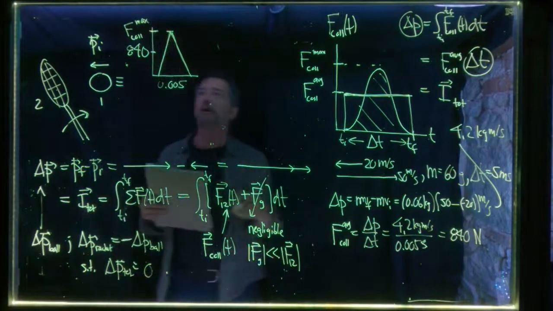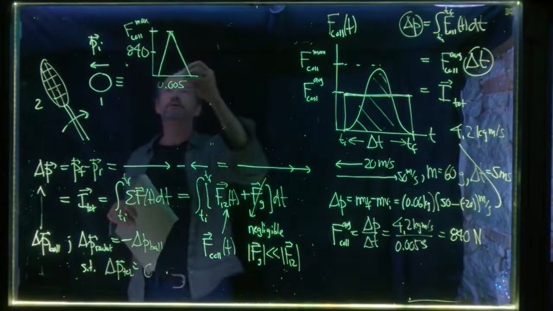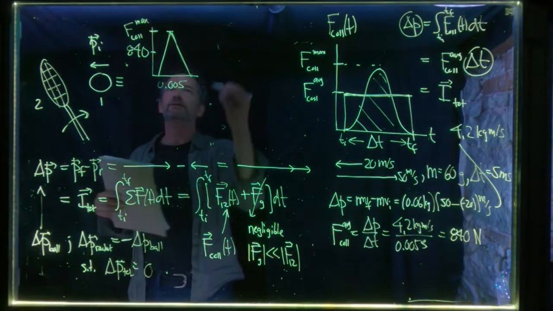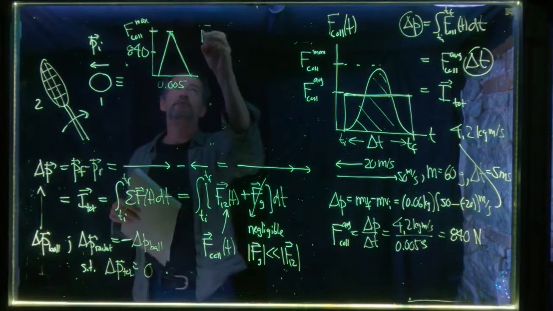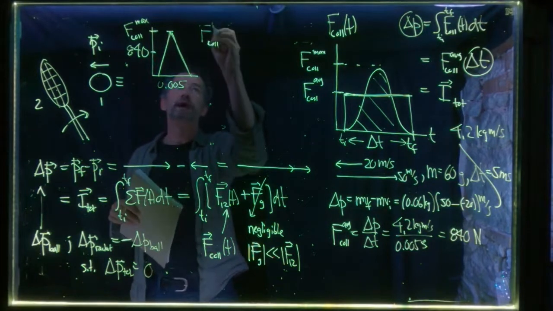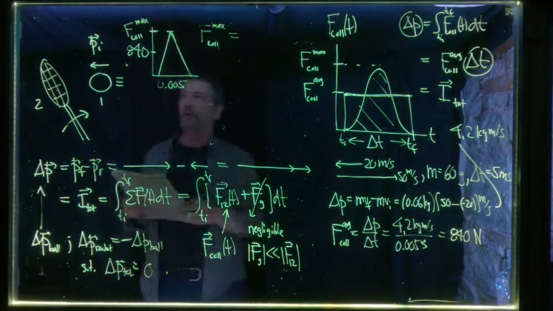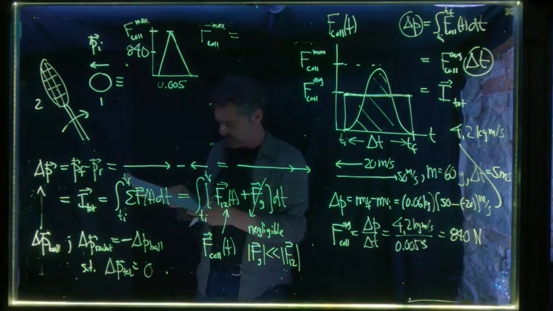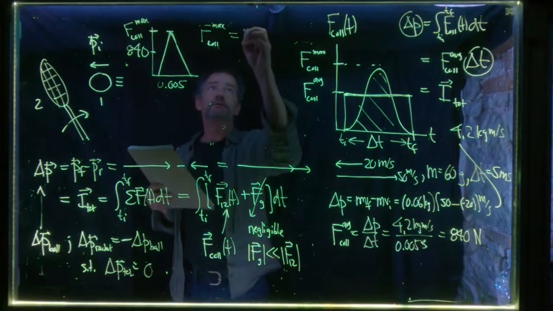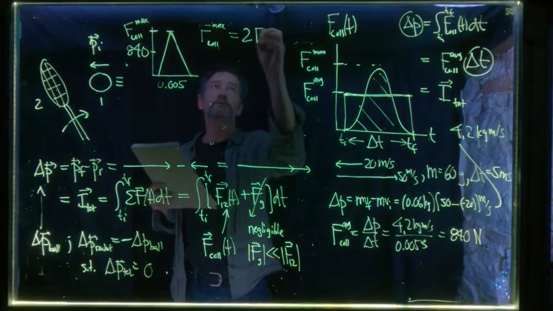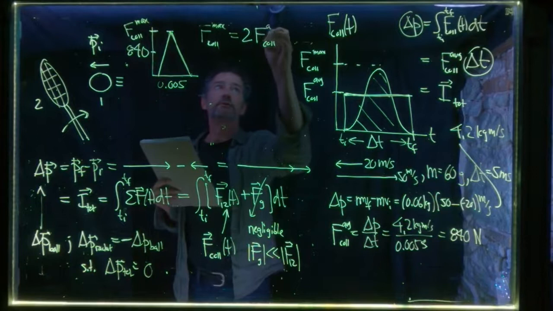So this is F collision peak, or maximum. From this picture, it's easy to see that because these are straight lines, F collision maximum is just twice 840, which is 1680, or around 1700 newtons. This is twice F collision average.